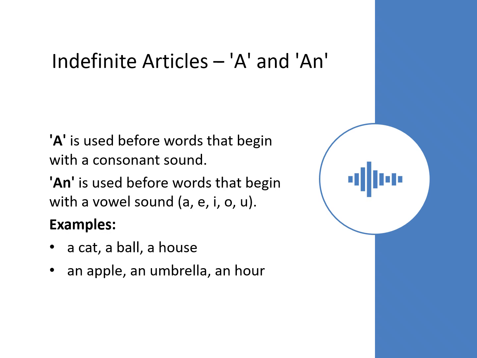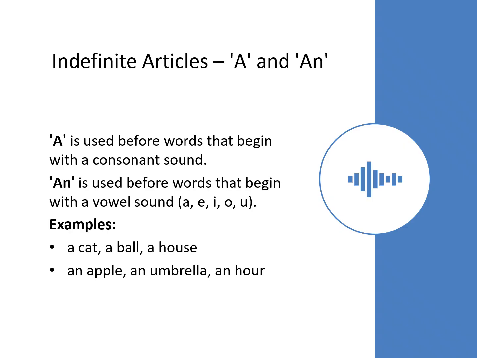For example, if I say I saw a dog, it means any dog. But if I say I saw the dog, it means a specific dog that both speaker and listener know about.